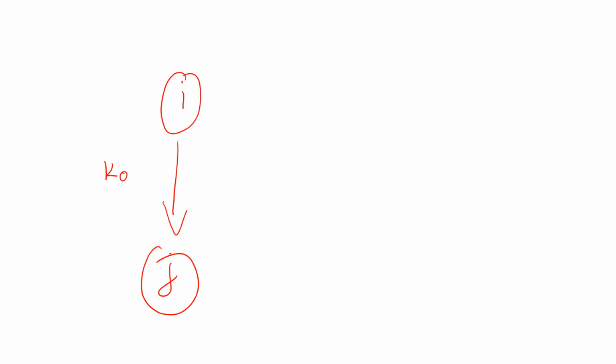So in essence, we have a comparison where, first of all, we have I to j directly, and this is the minimum of either I to j, or potentially having K0 in between, if it makes the distance somehow shorter.